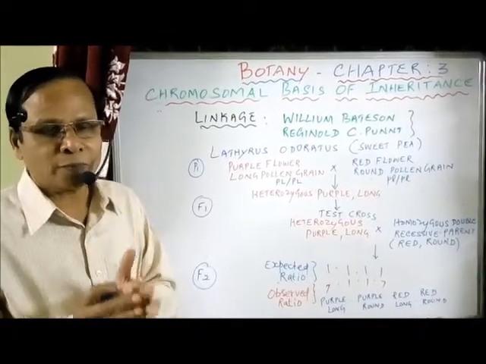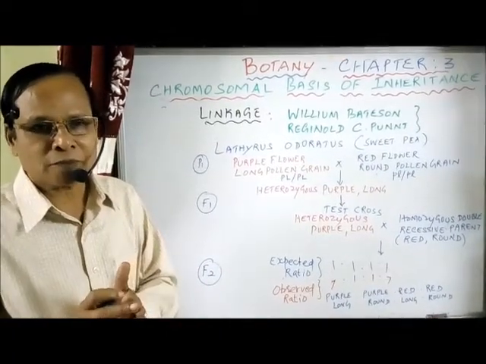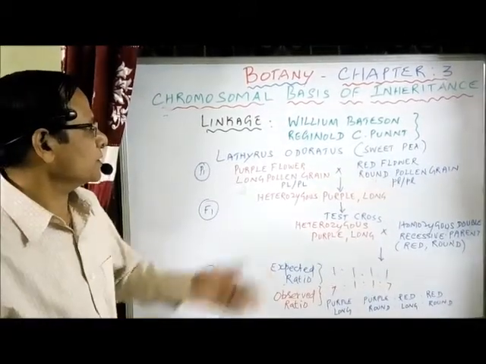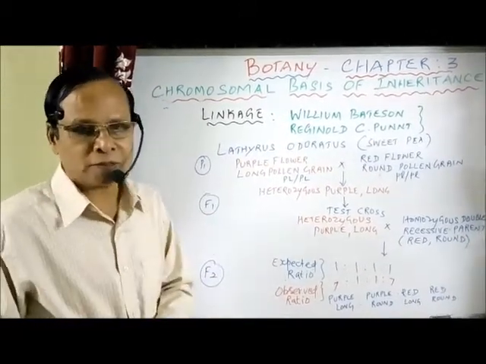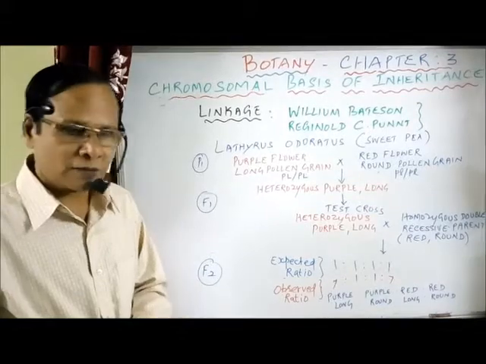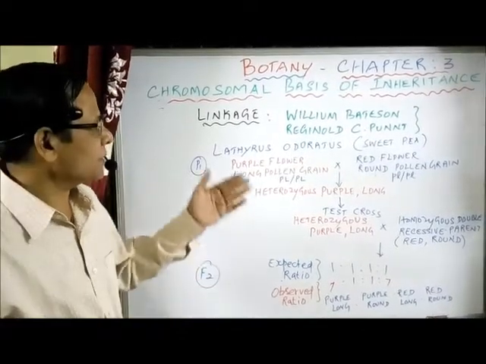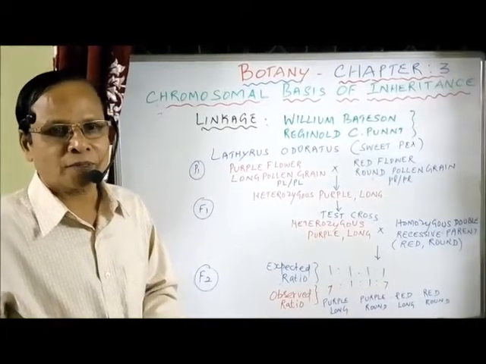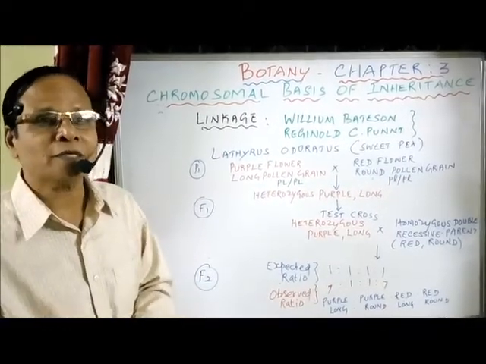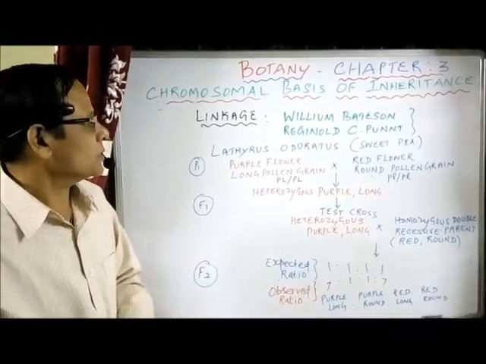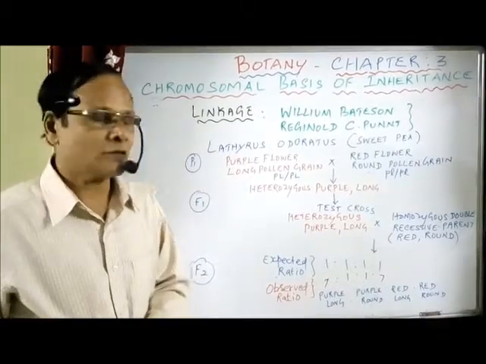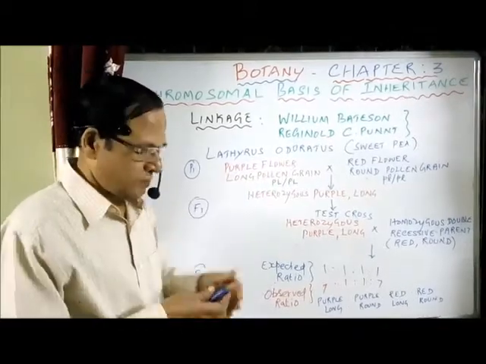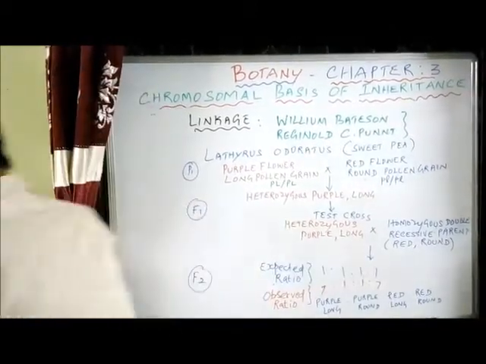They assort independently and unite at random, giving 4 different types of gametes without crossing over. But here biologists observed that in certain organisms, the genetic characteristics did not assort independently. In other organisms, after Mendel's work, one such deviation was observed by William Bateson and Reginald C. Punnett. Sorry, the spelling is there.